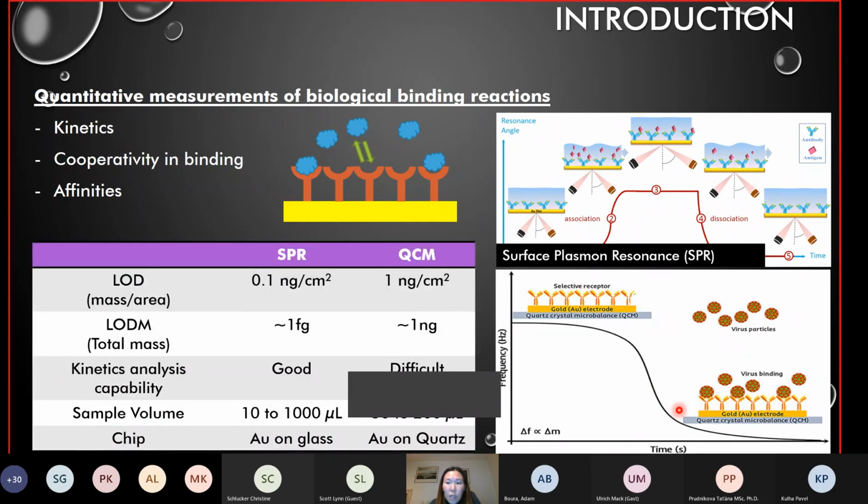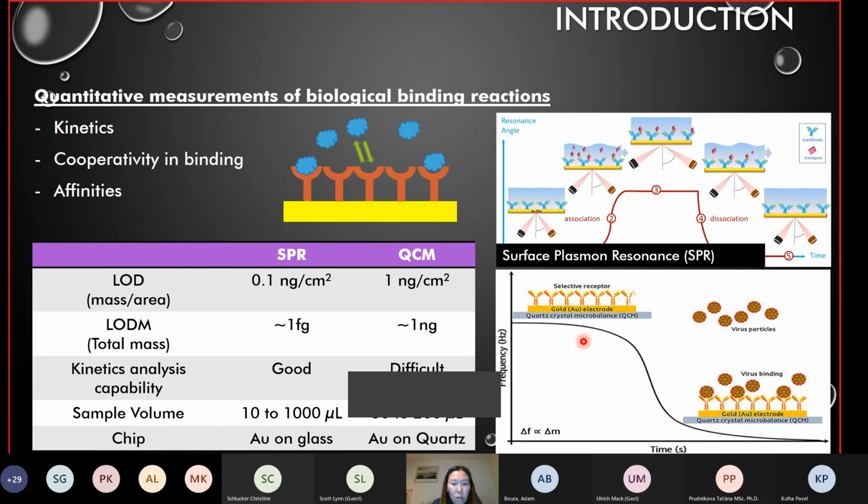I took the specifications from the catalogs of the two companies. The limit of detection in mass is basically that we need 1 femtogram or 1 nanogram of sample to get the minimum signal change. And can we really improve it with the AFM?